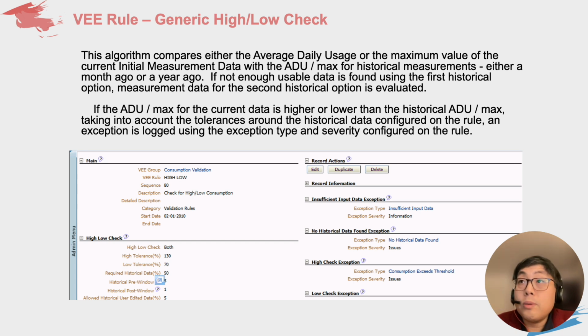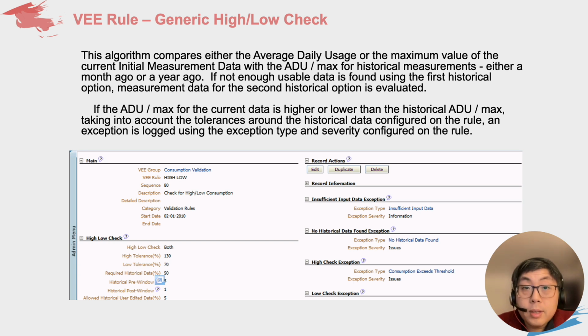How do they calculate it? If you look at scalar reads, say we have last month's end to this month's end, let's say 31 days, and the value is 62, then the average daily usage is 2 kWh per day.